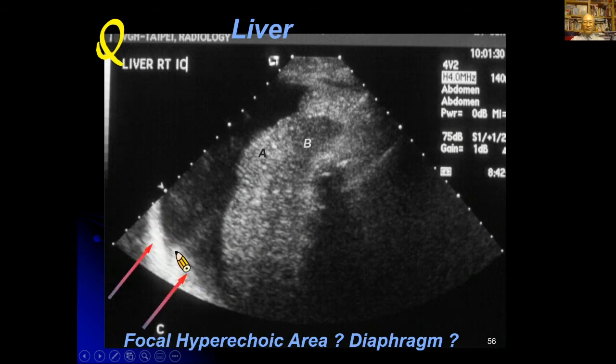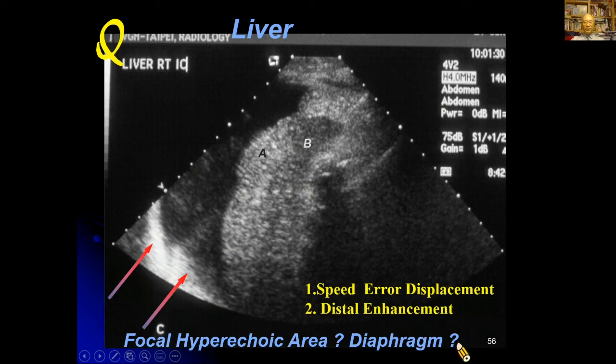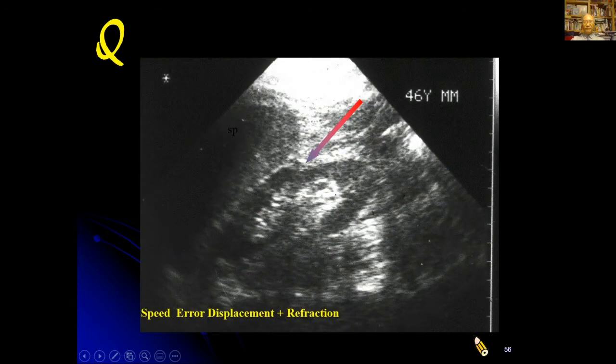Seems to be interrupted. Actually, that's caused by different velocity between liver and ascites. So the diaphragm seems to be interrupted. And so you know the nature is a combination of speed error, displacement, and refraction.